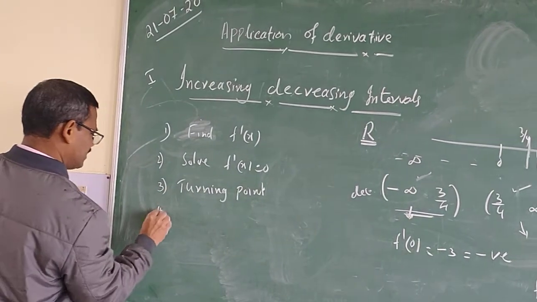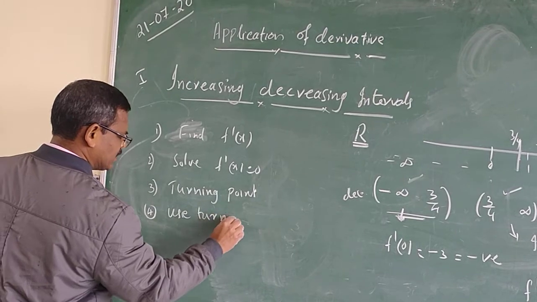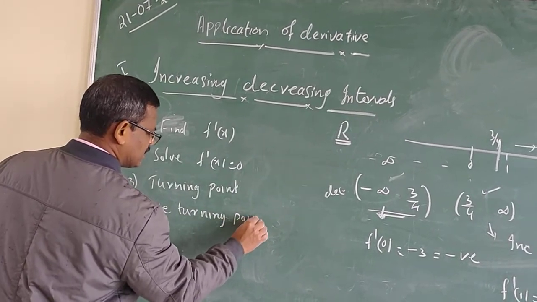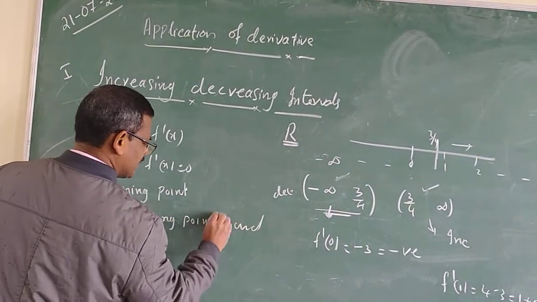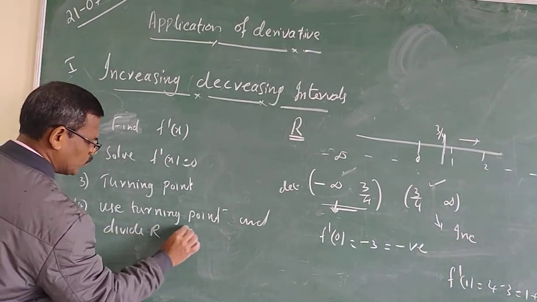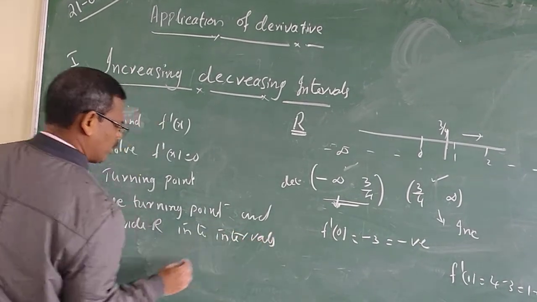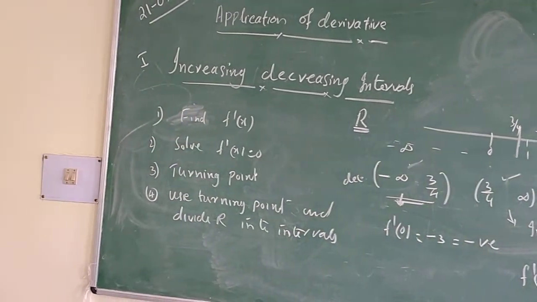And then use this turning point and divide R into intervals. So if you have one turning point, you will have two intervals.